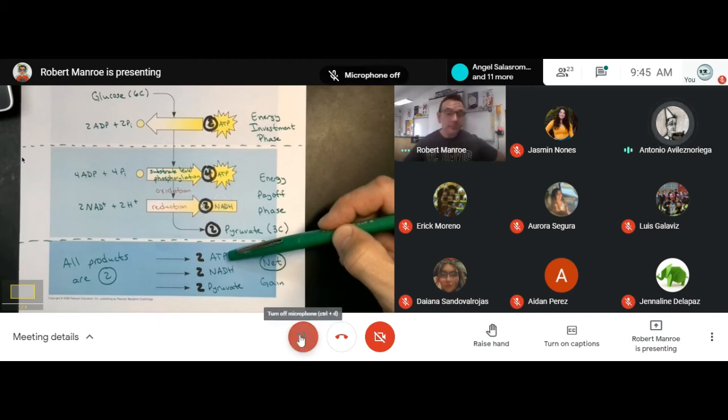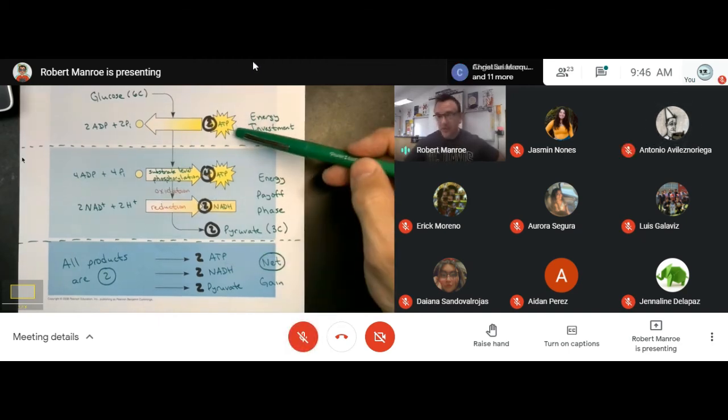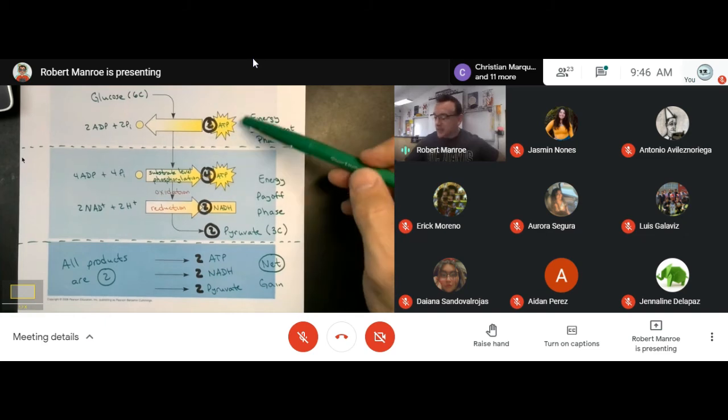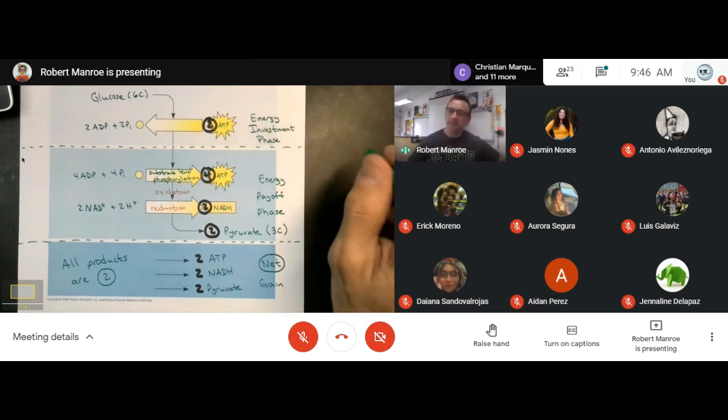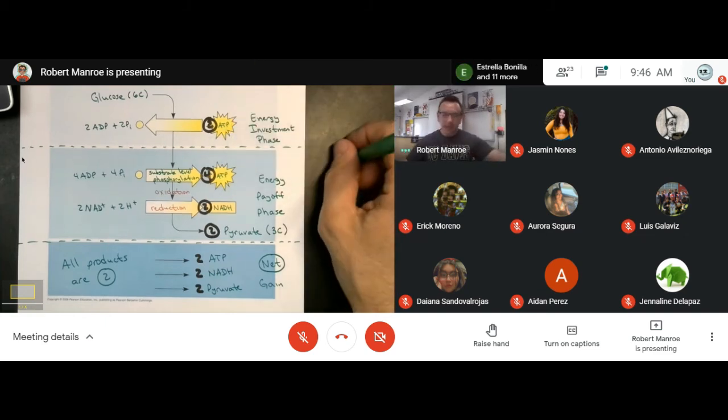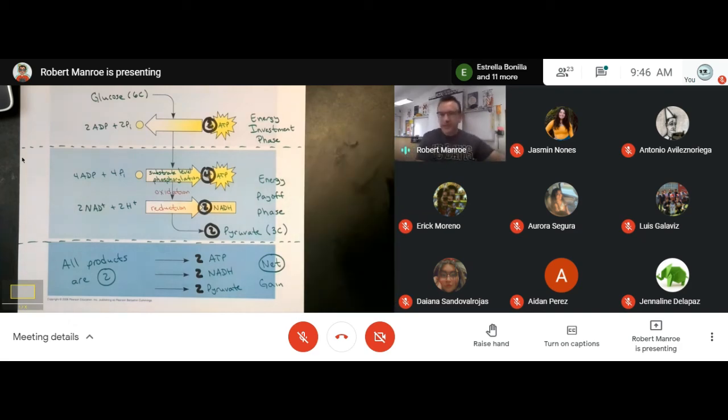We invested 2. Yeah, you had to invest 2 to start with. It's the same thing as financial investments. If you put $10,000 into an account and wait several years and get $16,000 or $17,000 back, you didn't just make $16,000.